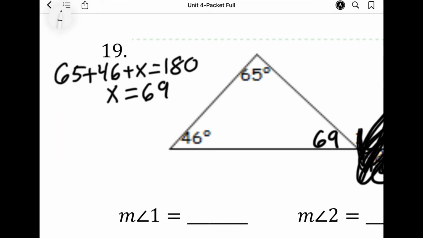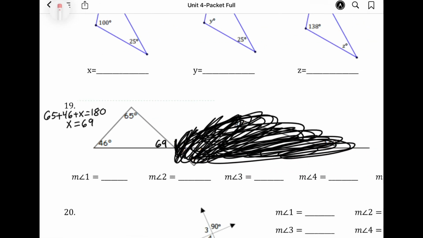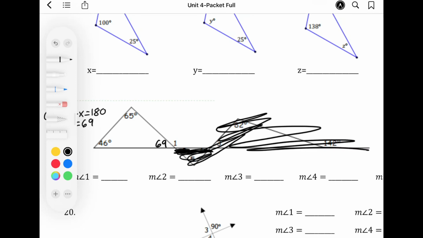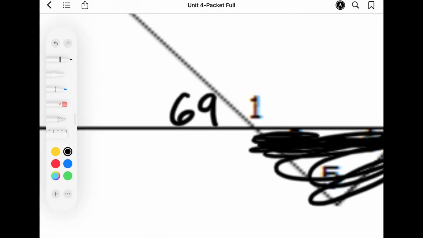Well, if this angle is 69, then we can figure out this next little part. So we're only worried about that angle 1. If this angle that we just found plus angle 1 creates a straight line, that means we can add them together and set it equal to 180.